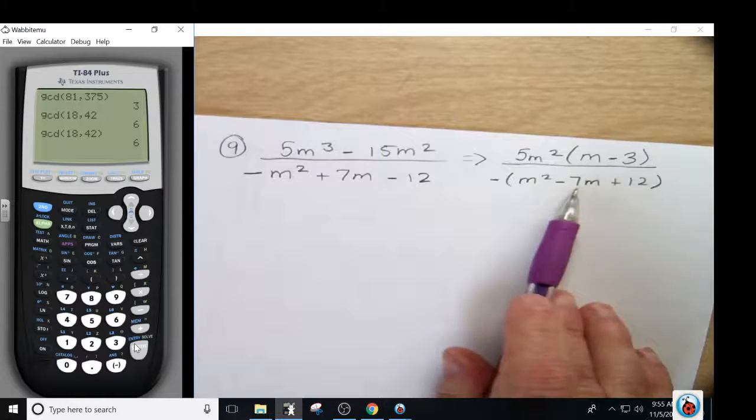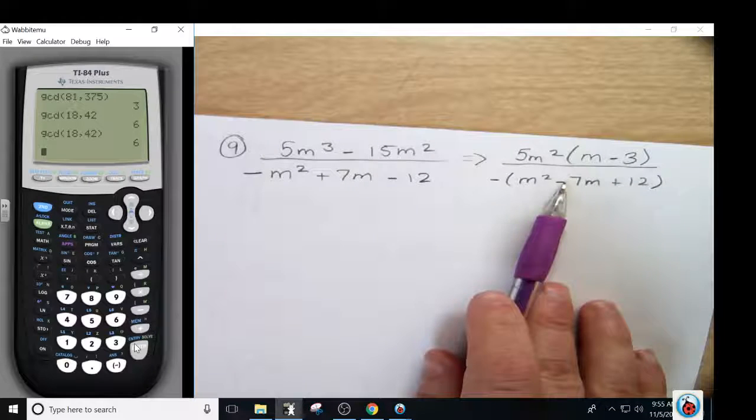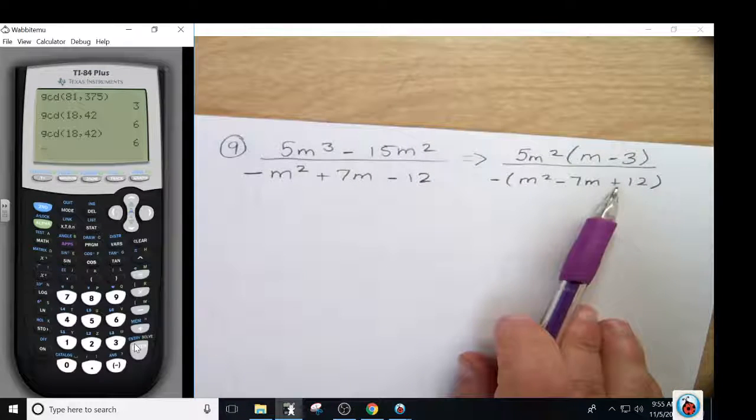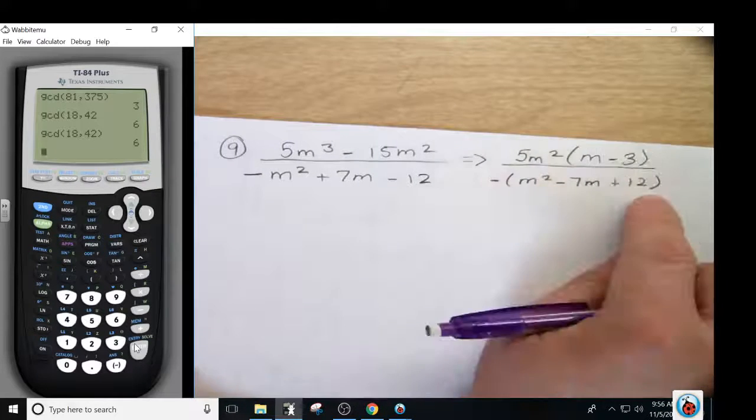I have to factor it out of everything. Notice that positive 7m went to a negative 7m. The negative 12 went to positive 12. Now, what would be my next step here, you think?